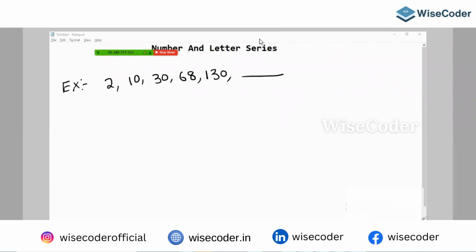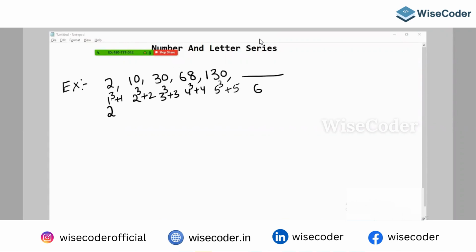2, 10, 30, 68, 130. The numbers are increasing rapidly. So this is 2, which you can say as 1 cube plus 1. Next, 2 cube plus 2: 2 cube is 8, plus 2 is 10. Next, 3 cube plus 3, 4 cube plus 4, 5 cube plus 5. 5 cube is 125, plus 5 is 130. 4 cube is 64, plus 4 is 68.